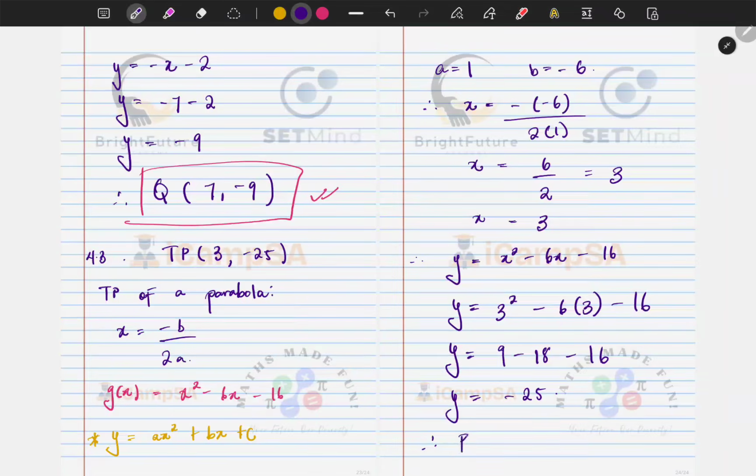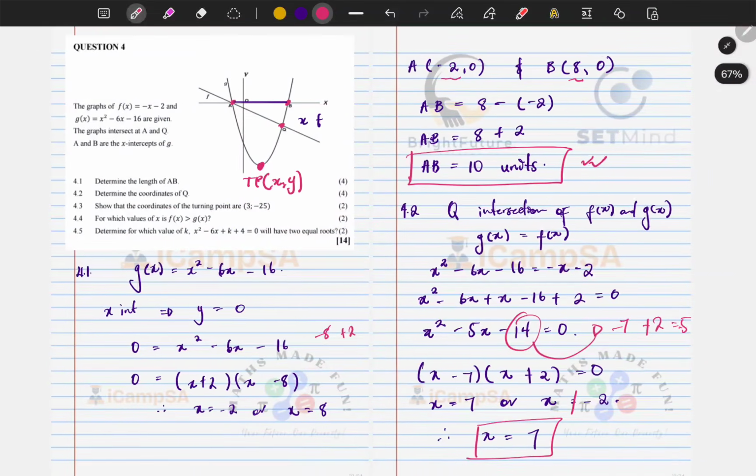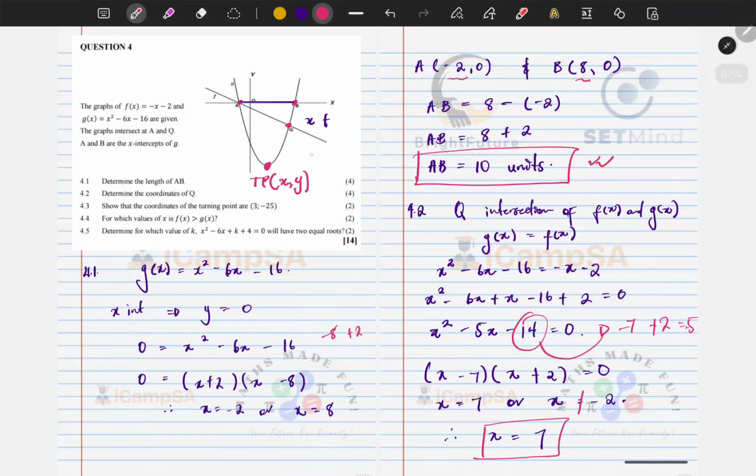Therefore your turning point is 3 and negative 25. It makes sense, because here your y is negative and your x is positive.